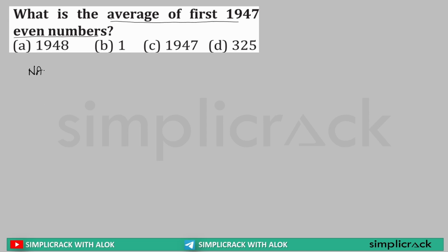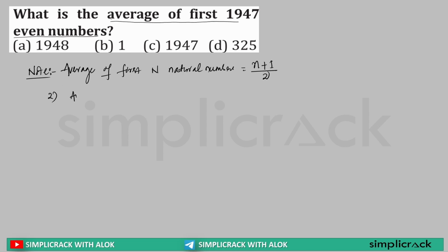This is a note or formula you can say. If it is asked the average of first n natural numbers, the formula is n plus 1 by 2. Whatever n is given, it is n plus 1 by 2.